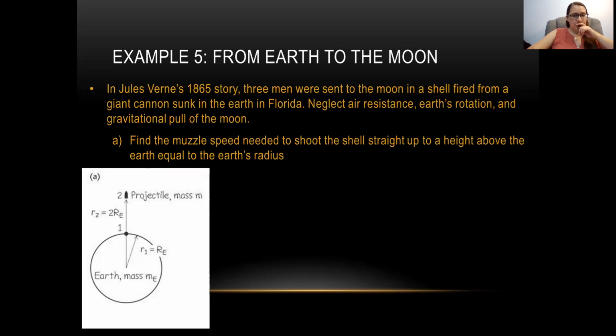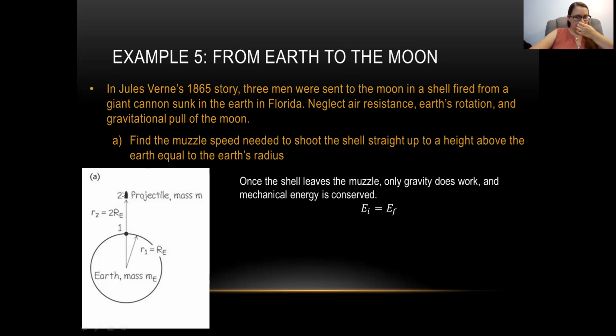Okay, so here's our picture. Here's the Earth with its mass. R1 is the radius of the Earth. R2 is 2 times the radius of the Earth, right? So once this shell leaves the cannon, only gravity is doing work.